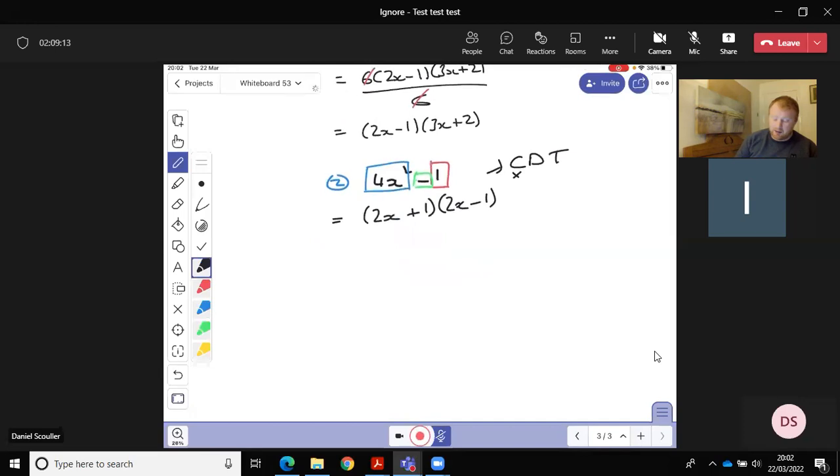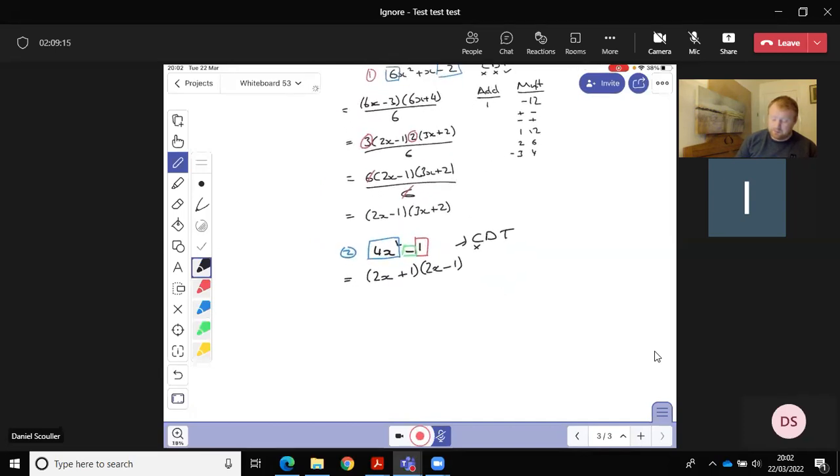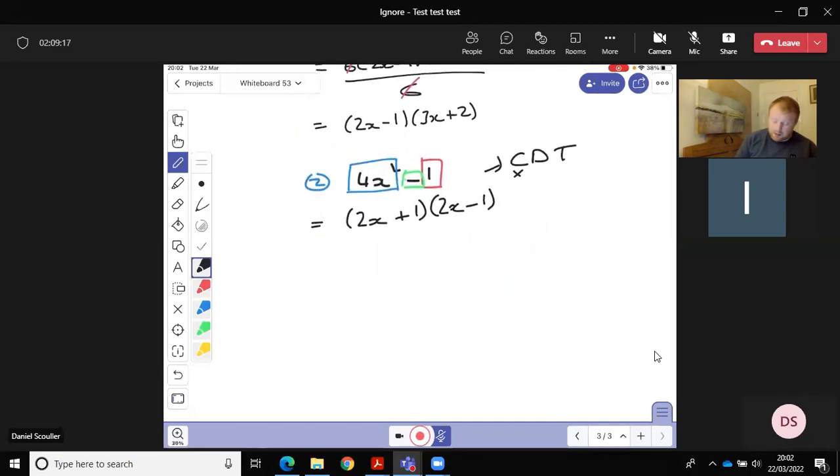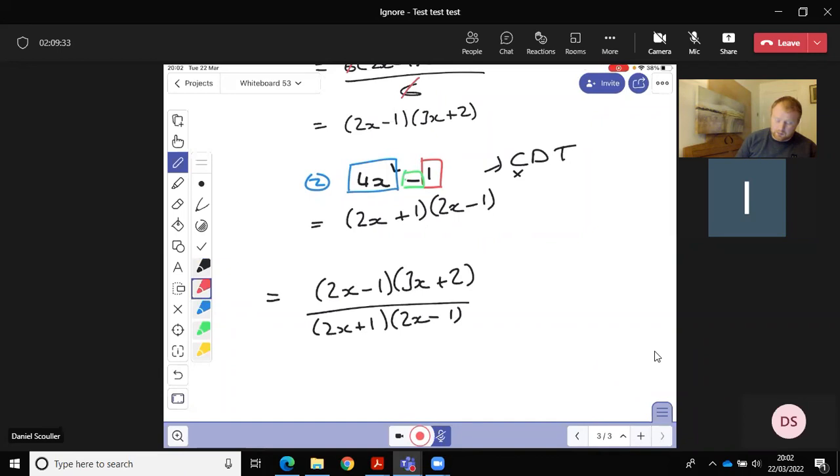Bringing them back together, we've got 2x minus 1 on the top multiplied with 3x plus 2, and then the bottom we worked out in factorised form.